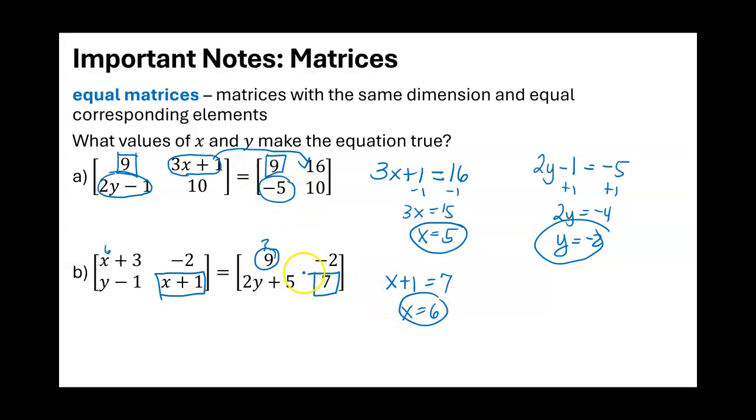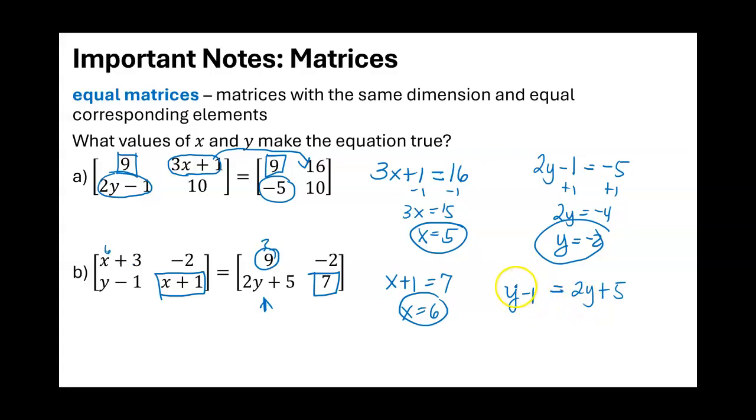Now for our y, do not panic if you see that they are both expressions. Again, when we say equal matrices, just set up the equation. On the left matrix, we have y minus 1, and it is equal to this corresponding element, 2y plus 5. Now, are we capable of solving for y in this case? Of course we are. All we need to do is combine like terms.